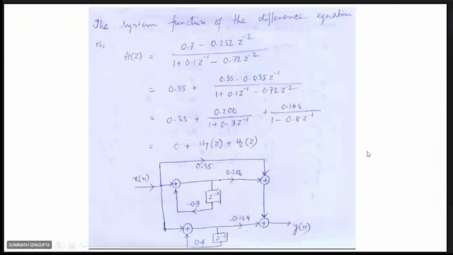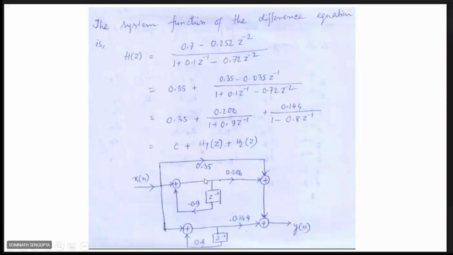Now how are the individual stages calculated? It comes from my slide: these are the partial fractions and how they are calculated, or you can do it like this. Individual stages H1(z) and H2(z).